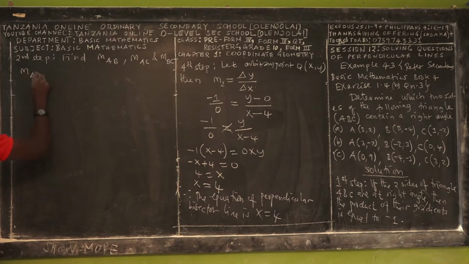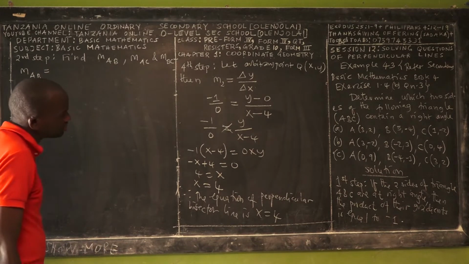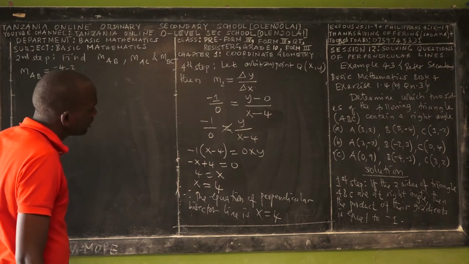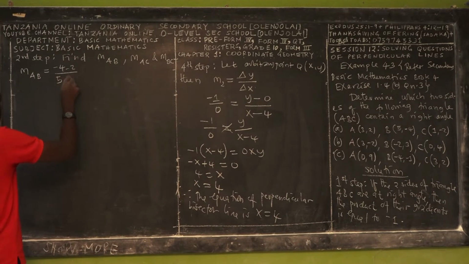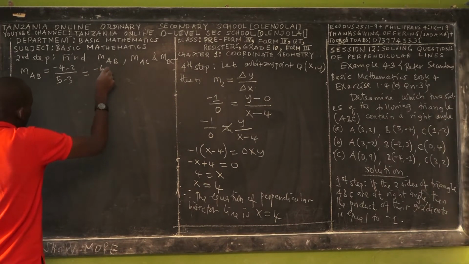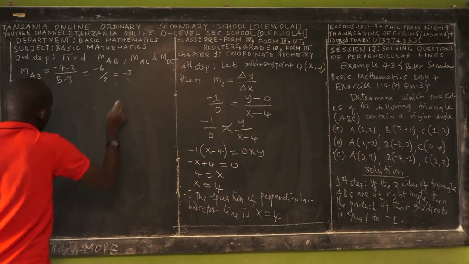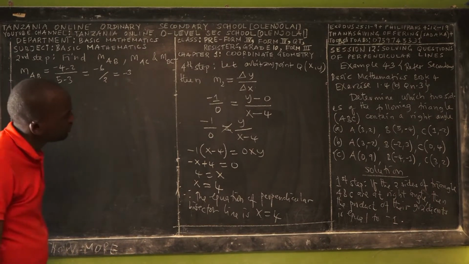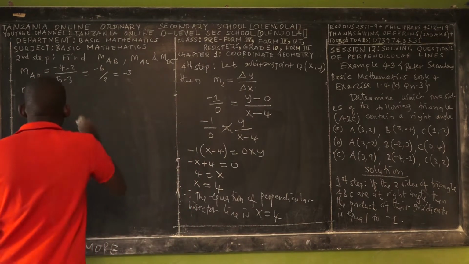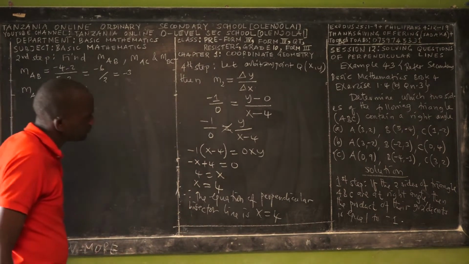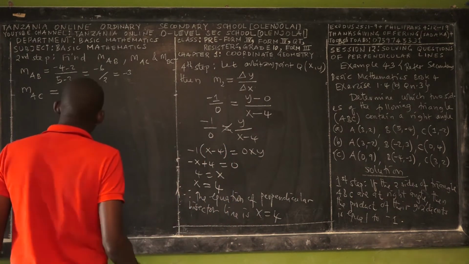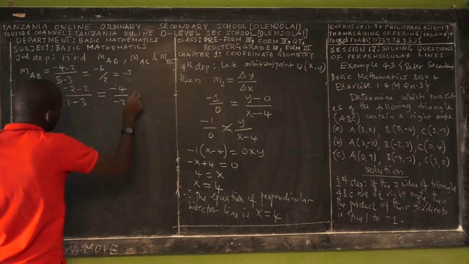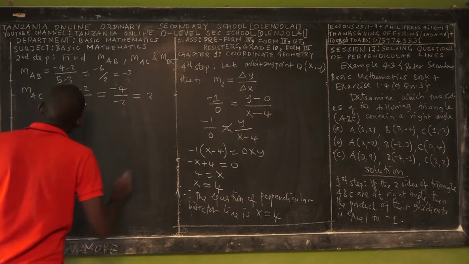The gradient of the side AB is equal to change in y over change in x. So that is -4 minus 2 over 5 minus 3, which is -6 over 2, equal to -3. The gradient of the line AC is -2 minus 2 over 1 minus 3, which is -4 over -2, so the answer is +2.